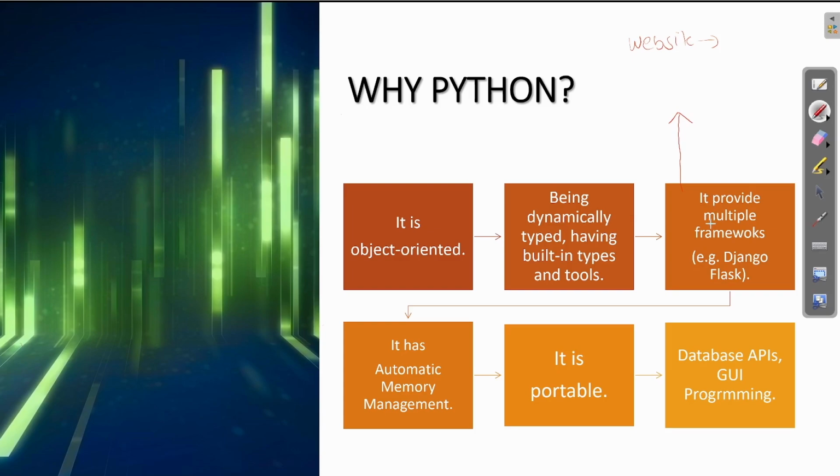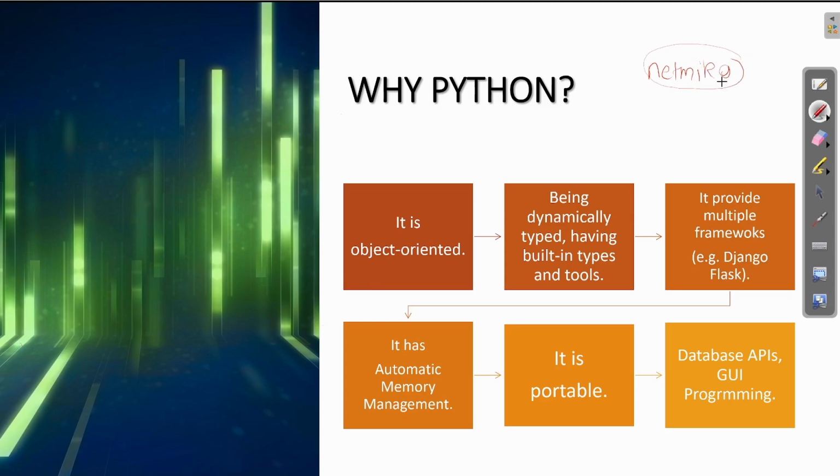So using the frameworks as well as the modules provided by the Python programming language, you can simply do multiple tasks. If you want to create a website, you are going to use the Django framework. If you want to do network automation, you are going to use the Netmiko module. Netmiko is a module provided by Python.